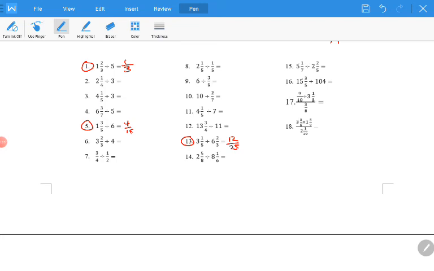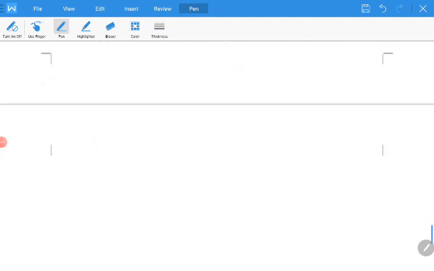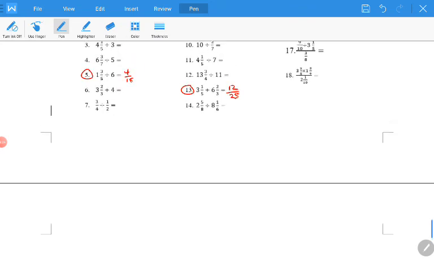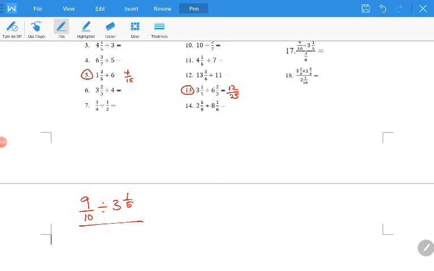Question 17 is saying 9/10 divided by 3 and 1/5, then all divided by 3/8.